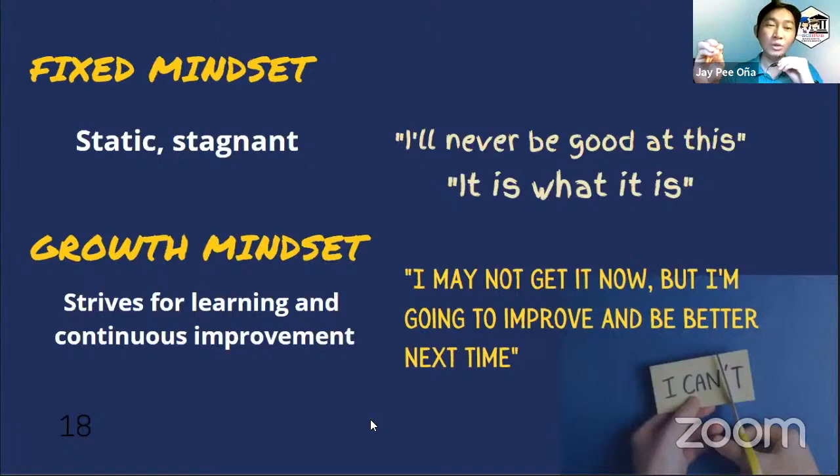Now, what we want the students to have is a growth mindset, which strives for learning and continuous and constant improvement. So, pwede nating sabihin sa mga estudyante, you might not get it now, but you can improve. You can improve yourself, or improve the system, and be better next time.